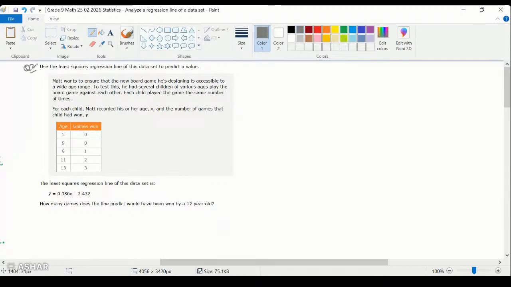It says, use the least square regression line for the data set to predict a value such that Matt wants to ensure the new board games he's designing accessible to a wide range of different age groups, right? So he has age, that is the value of x. The number of games won would represent the vertical axis. Okay? The equation has been provided to us.